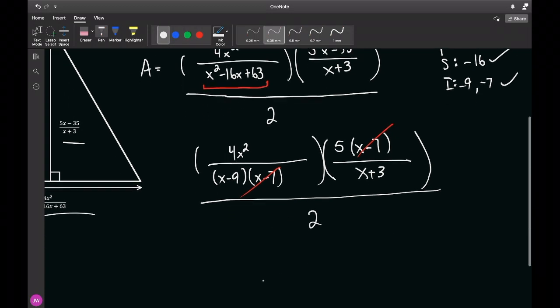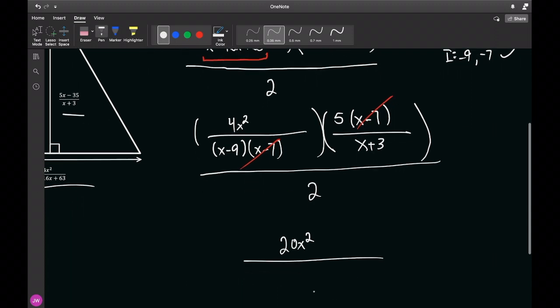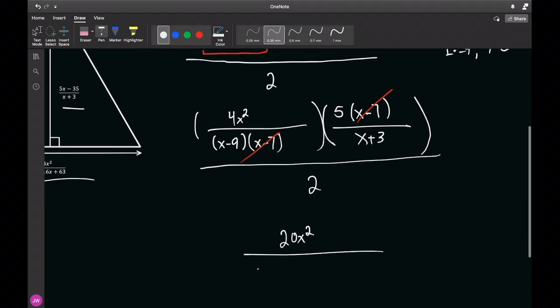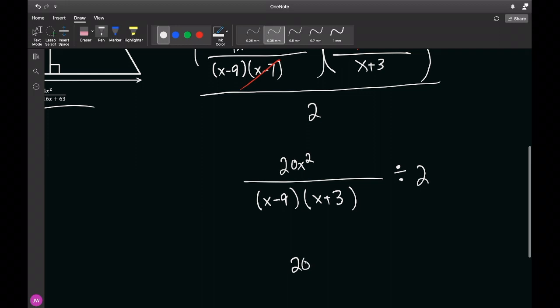Now what are we left with? Let's just start multiplying this in. 4x squared times 5 is going to be 20x squared. And we're going to multiply these two terms, x minus 9 times x plus 3, and I'm going to write the division like this, divided by 2. Now let's keep going. 20x squared.